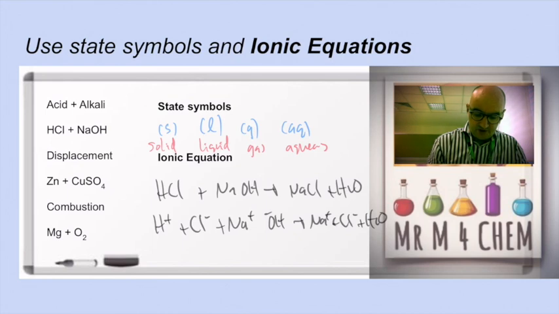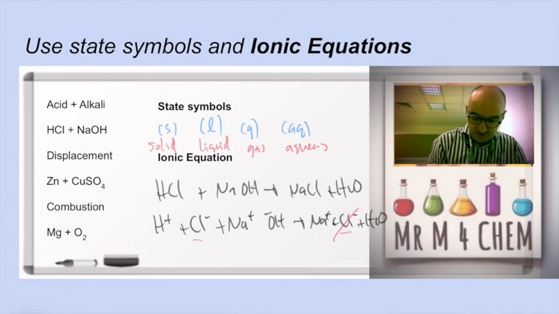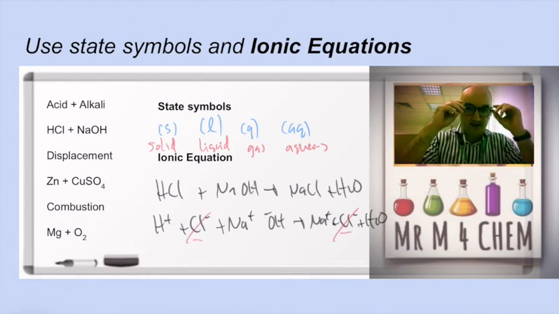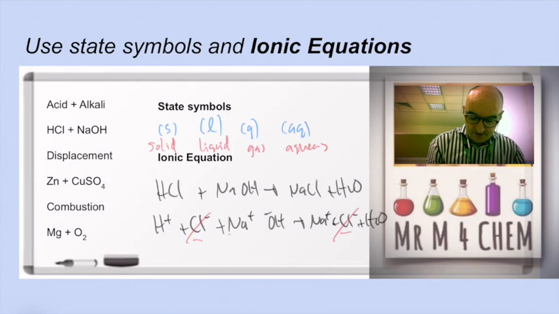When we're doing ionic equations, we cross out anything that's on the left and the right that is present. So here we have chloride and here we have chloride. So it's just what we call a spectator ion, just hanging around in solution, watching the rest of the reaction going on. Na plus here, Na plus there, that's gone. Now we're left with H plus, OH minus, and H2O.